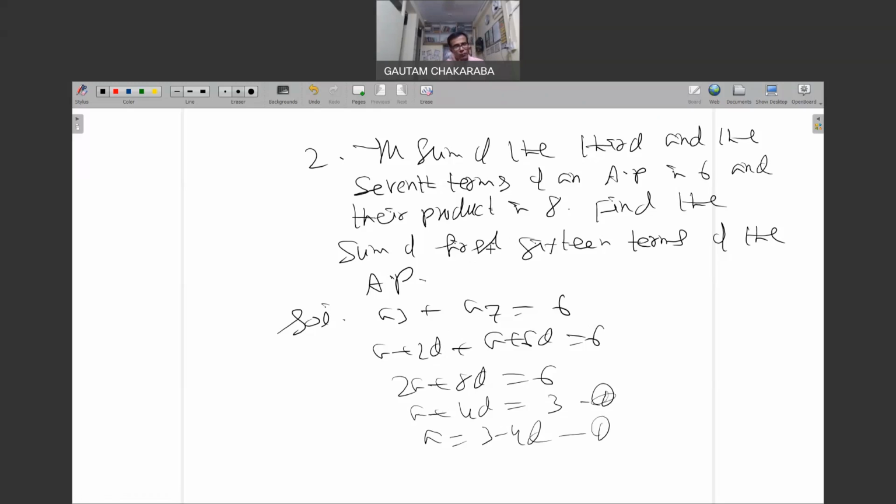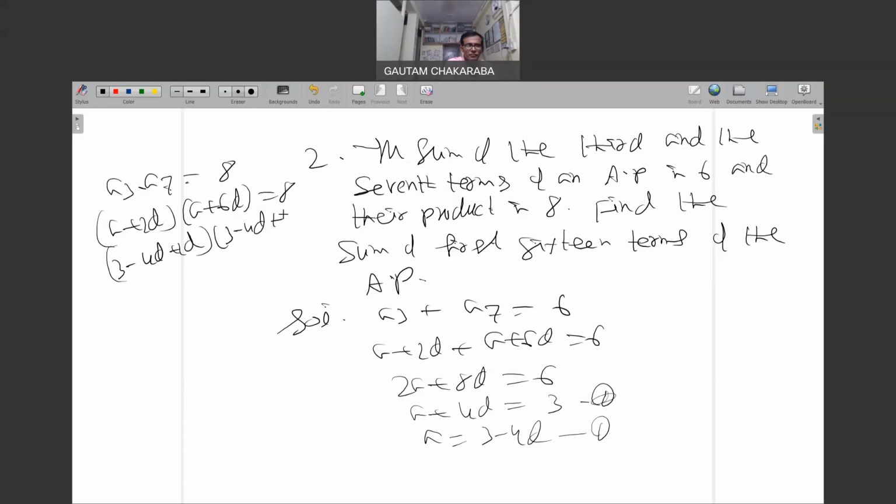Now their product means A3 into A7 is also 8. A3 means A plus 2D, A7 means A plus 6D, is equal to 8. Now put the value of A as 3 minus 4D: (3 minus 4D plus 2D)(3 minus 4D plus 6D) is equal to 8. So (3 minus 2D)(3 plus 2D) is equal to 8.